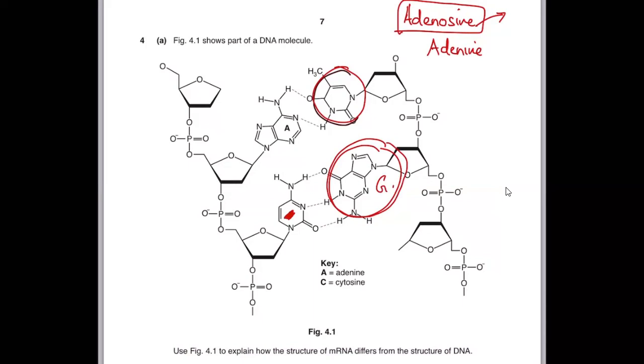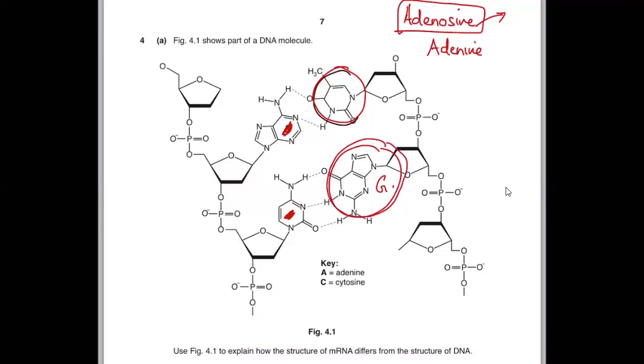It has 2 rings, so it's a purine. 2 rings could also be A, so why is this not A? Because A is in the other strand. Let me hide A as well. Still I'm saying, even if the examiner doesn't tell me anything, it's G.